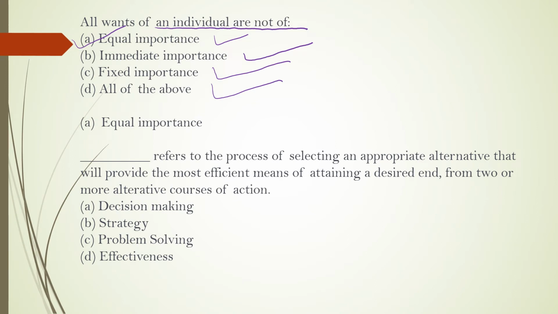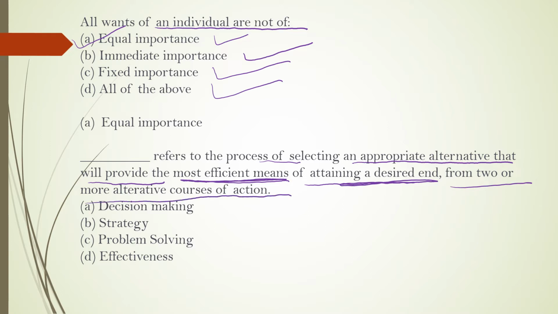Blank refers to the process of selecting an appropriate alternative that will provide the most efficient means of attaining a desirable end from two or more alternative courses of action.